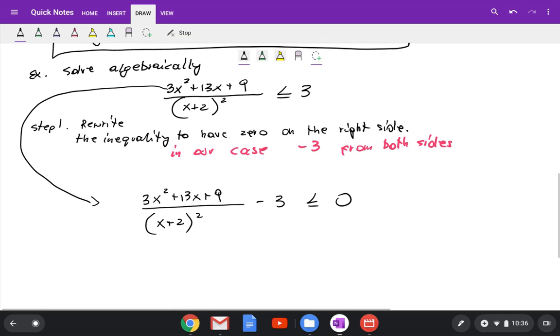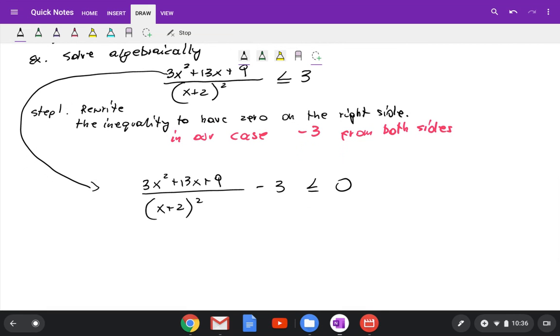Okay, so that was step 1. So step 2 will be, you have to simplify the left side by getting a common denominator.